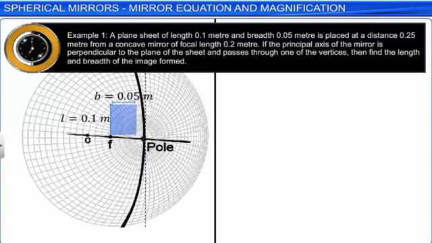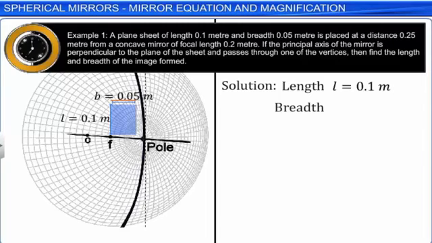Given that length of the sheet L is equal to 0.1 meter, breadth of the sheet B is equal to 0.05 meter, object distance u is equal to minus 0.25 meter, focal length f is equal to minus 0.2 meter.